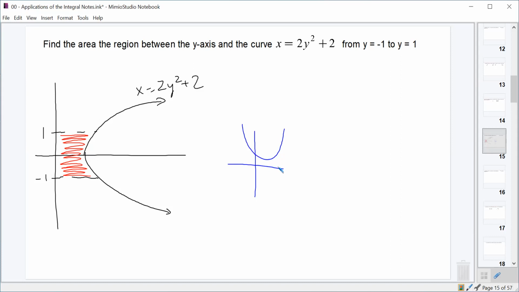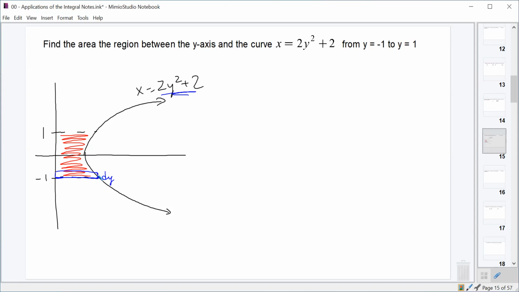Well, we're going to do the exact same thing, except in the y direction, which means that each of these rectangles has a thickness of dy, and a width going across of whatever the x value of our function is, in terms of y, because we have to do the integration in terms of y. They're infinitely small in the y direction.